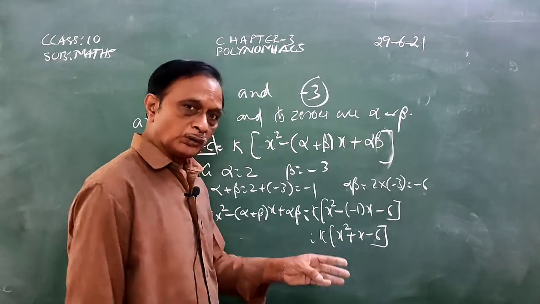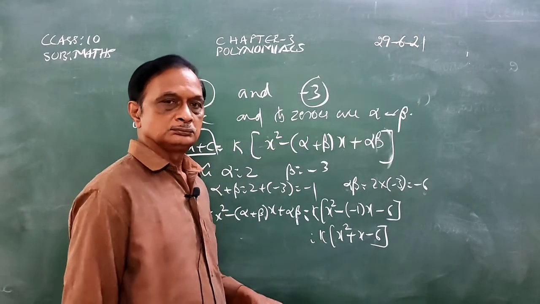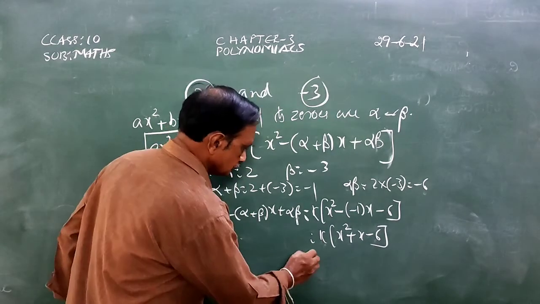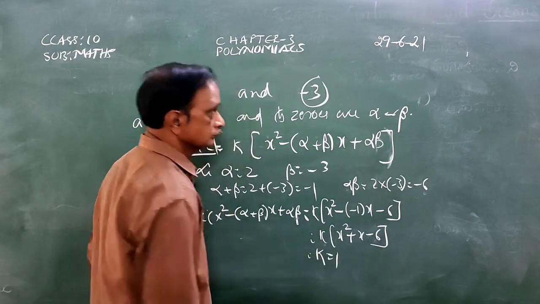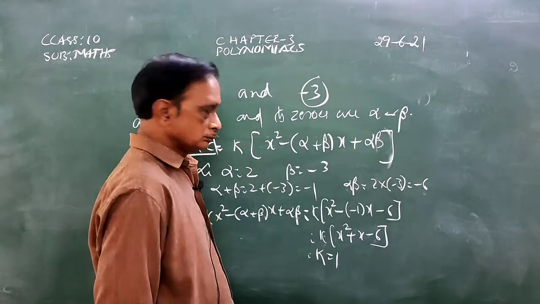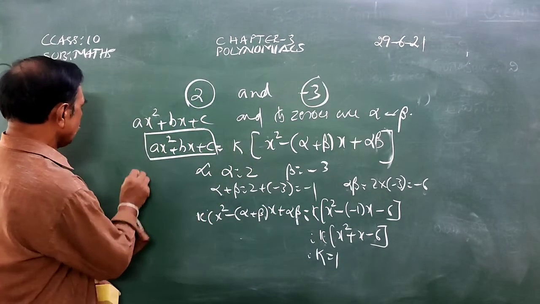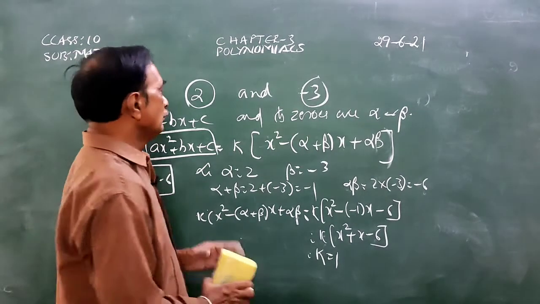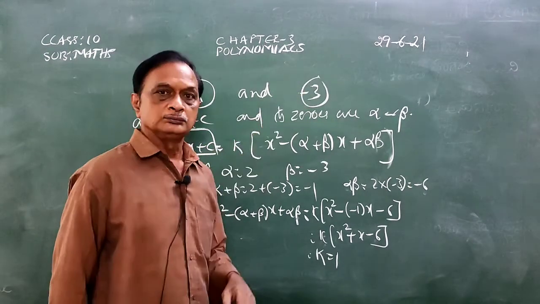We can put k equal to 1, 2, 3, 4 and so on, but among them we put k equal to 1. When k equals 1, x² + x − 6 is the required quadratic polynomial whose zeros are 2 and −3.